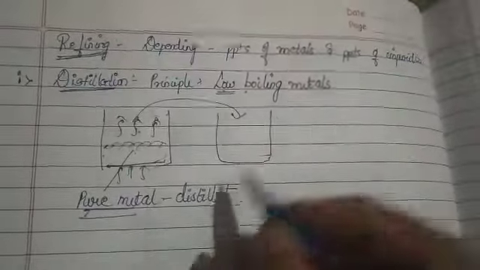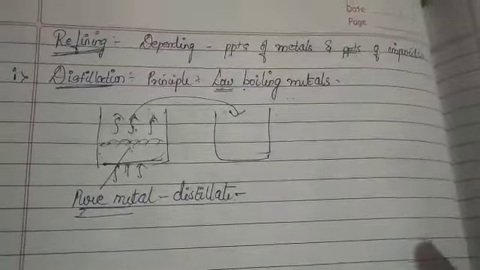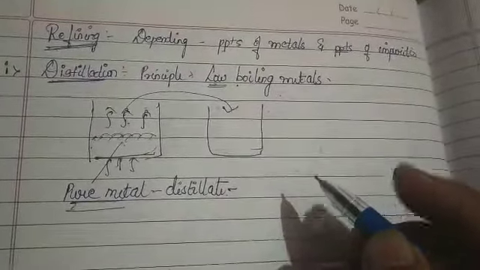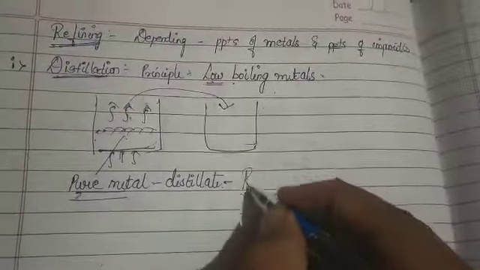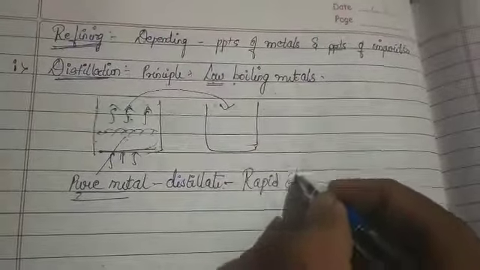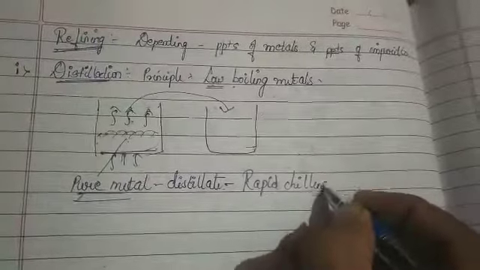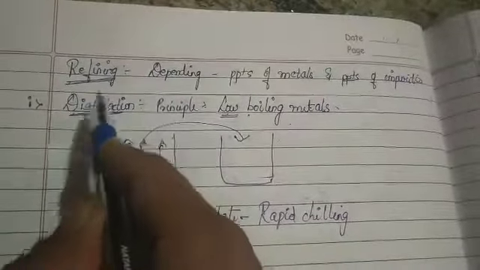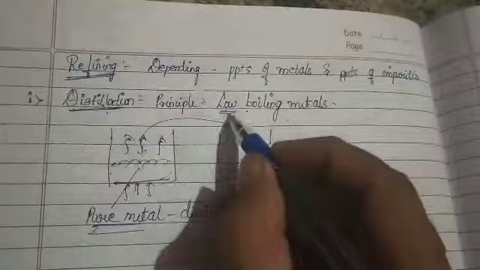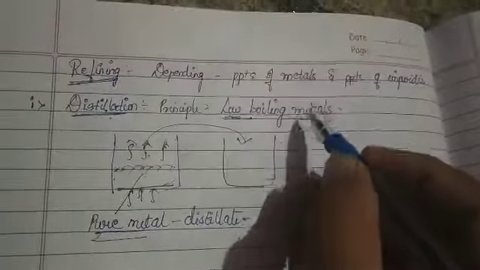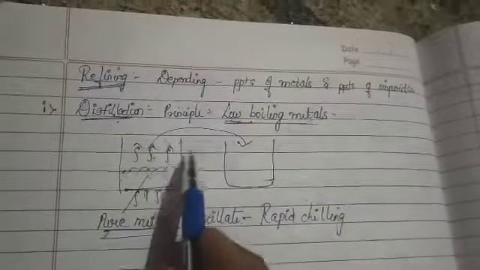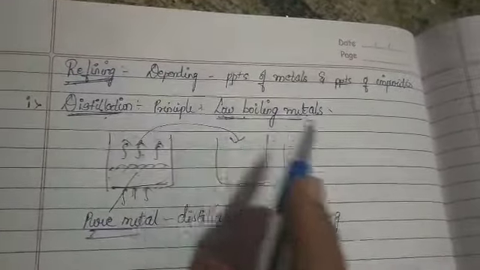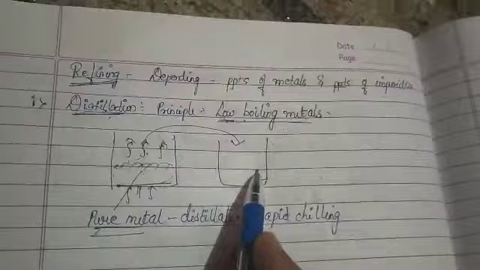After distillation, it will be somewhat in a liquid state, as I mentioned when we were extracting zinc. So this distillate will be solidified by rapid chilling. So this is the technique of distillation, which is employed only for low boiling metals. When you start to boil the metals, whatever impurity metals are present will be evaporated and collected in a different chamber.